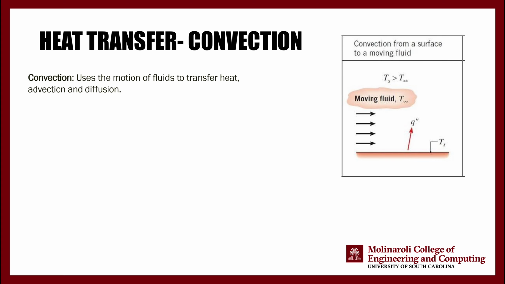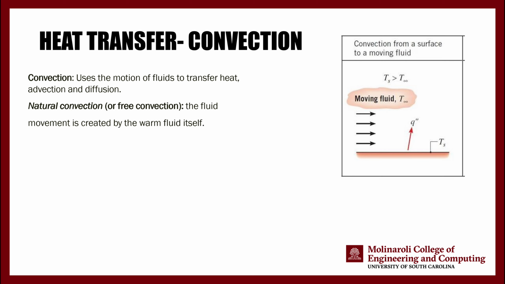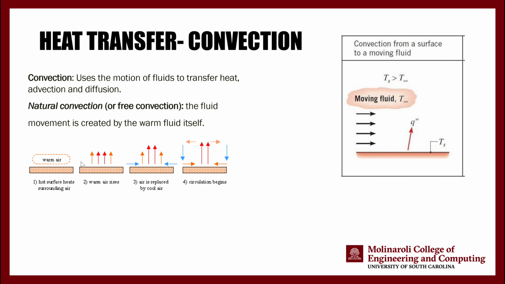And there are two different types of convection, advection and diffusion, but we don't really need to get into the nitty-gritty of things here. The two types of convection that we have to focus on are natural convection, which essentially means that you warm up a stationary fluid like this. You're going to have a higher energy fluid as a result of that warming up.